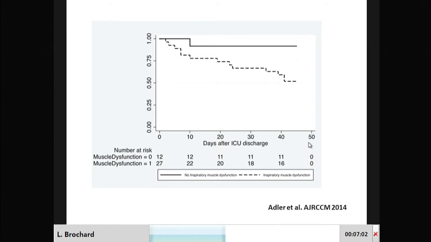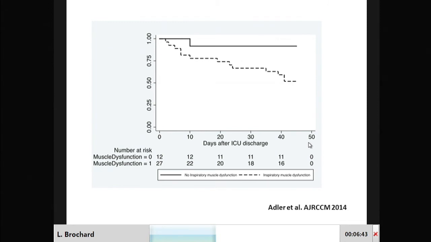More than that, this is a study we did in Geneva, following patients who were admitted with hypercapnic respiratory failure and following the patients after discharge. And you know that in the hypercapnic patient, one of the big problems is readmission.